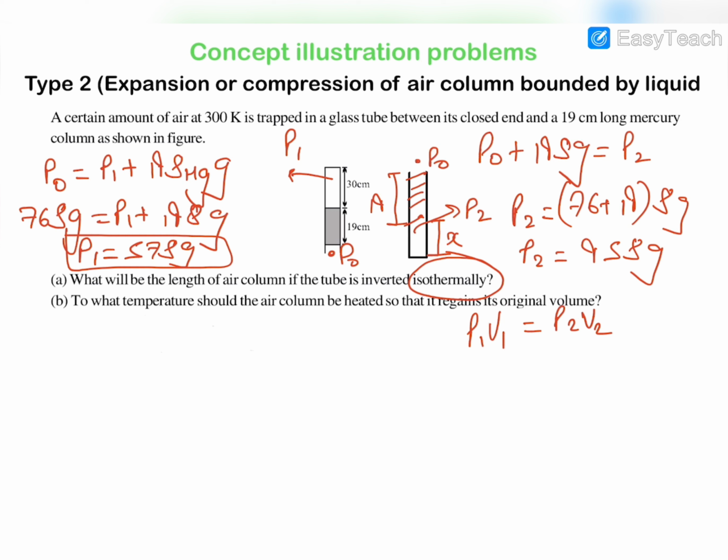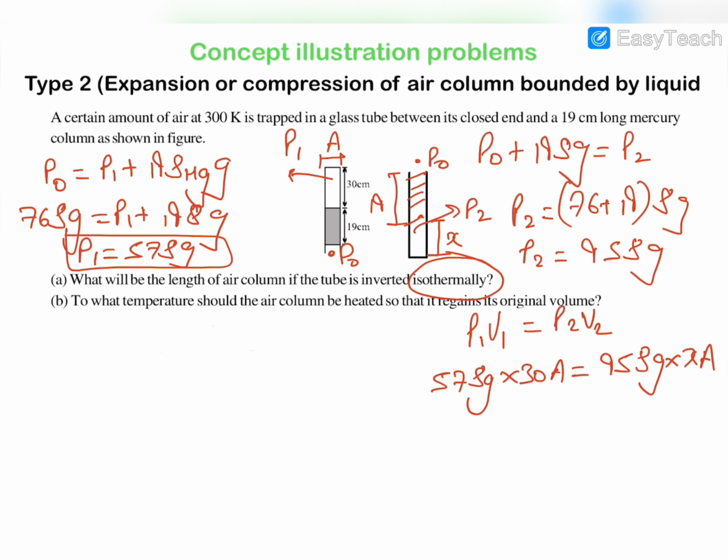The initial pressure was 57 rho g and the volume was 30 into area. Let us use the area of cross section of the tube as A. So the volume will be 30A, and that would be equal to 95 rho g into the new volume, which will be X into A.